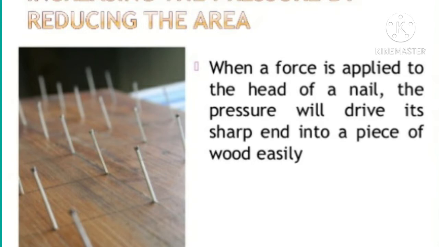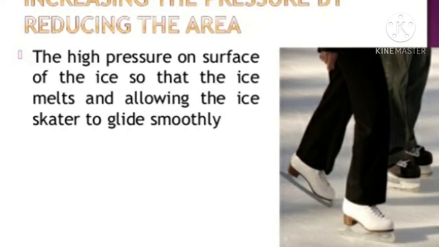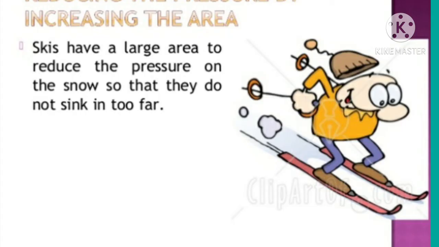From this discussion, children, we can conclude that pressure depends upon two factors: the force applied, and second, the area over which the force acts. The same force can produce different pressures depending on the area over which it acts.